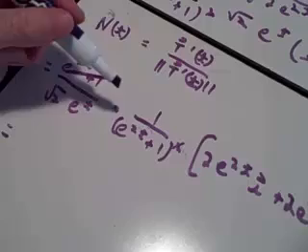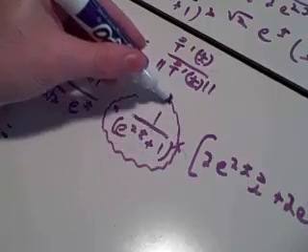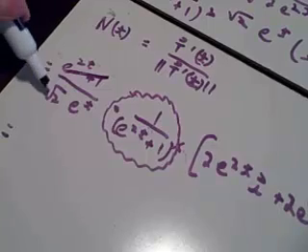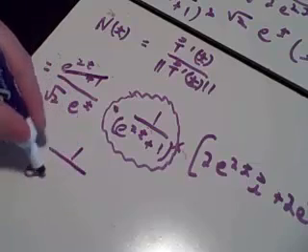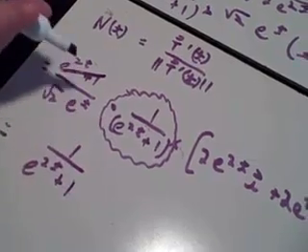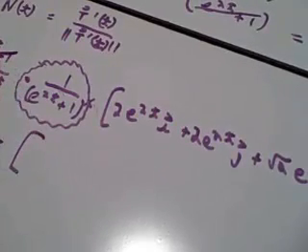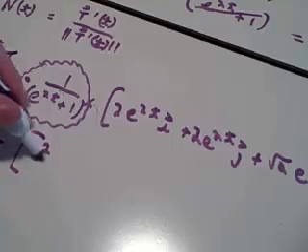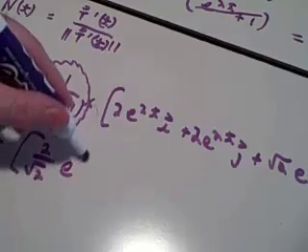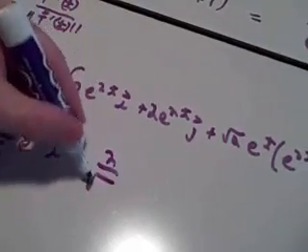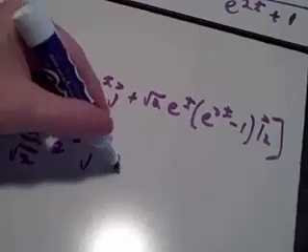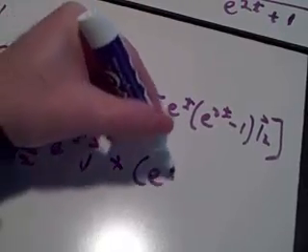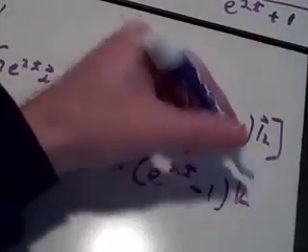I think I'm going to leave this part on the outside and distribute the 1 over the square root of 2e^t, so that I have on the outside 1 divided by (e^(2t) + 1) times 2 divided by radical 2 e^t i plus 2 divided by radical 2 e^t j plus just e^(2t) minus 1. Okay.